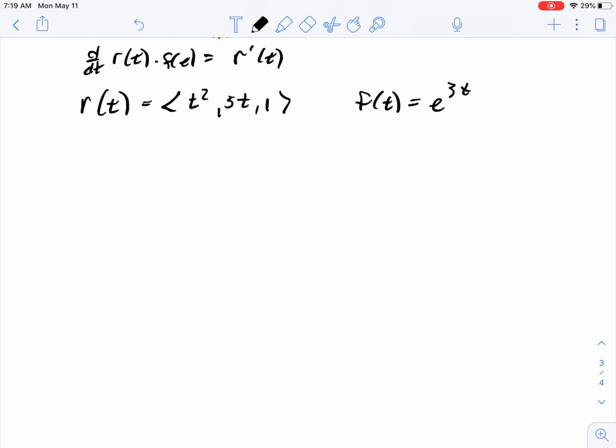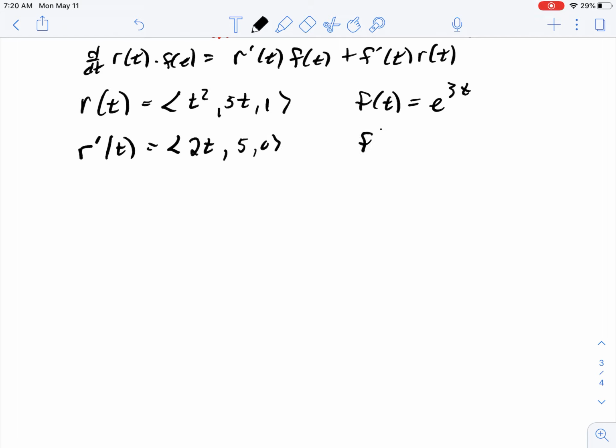So remember, this is r prime of t times f(t) plus f prime of t times r(t). The best way to keep this straight is to keep them underneath each other. So let's go r prime of t, which is 2t, 5, and 0, and f prime of t second. I just did one value, so therefore it's 3e to the 3t.